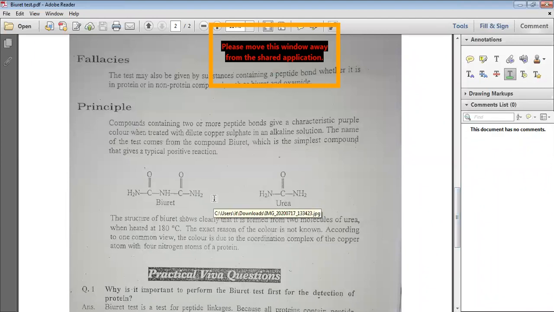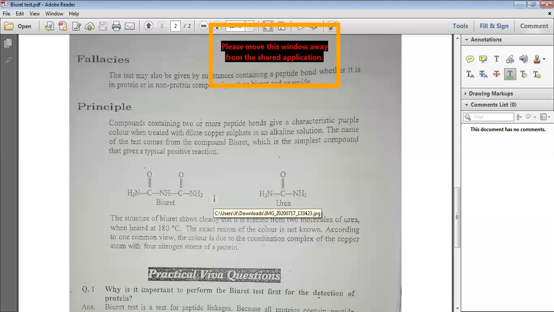Proteins give us a positive biuret test, as well as the compound that is called biuret. It can also give us a positive result when we add the copper sulfate. Why does the biuret compound give us positive results in the biuret test?